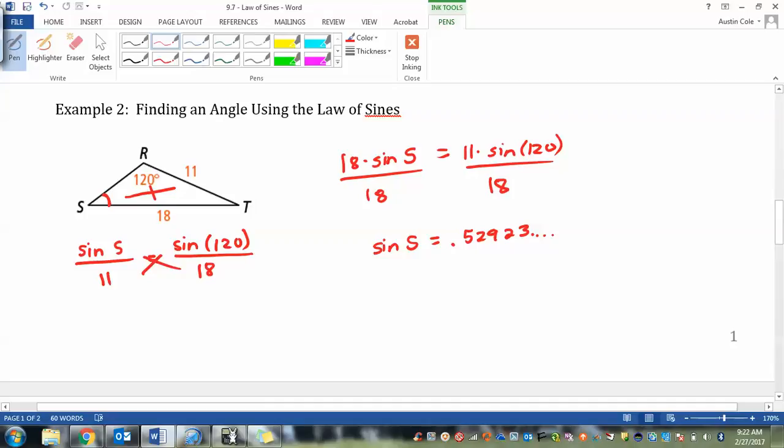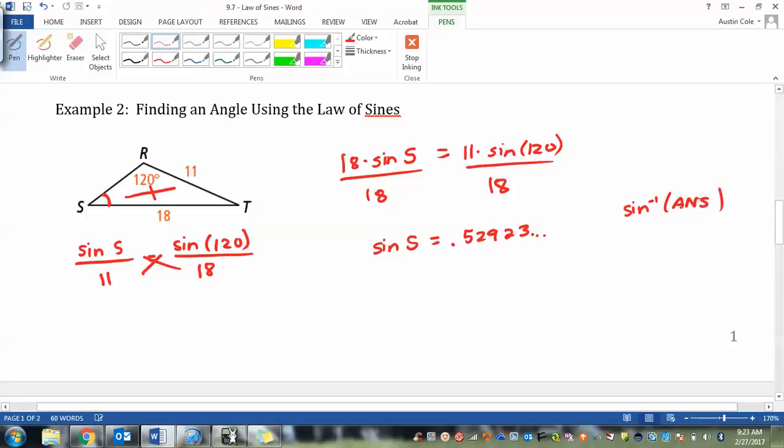We need the angle. If I have the sine, how do I find the angle? How are we going to find the angle? Serena? Second sine, absolutely. So guys, here's what we want to do. Hit second sine, and then hit second, and then go down here to the answer button, A and S. So in our calculator, it should look like sine inverse, and then it should say ANS.